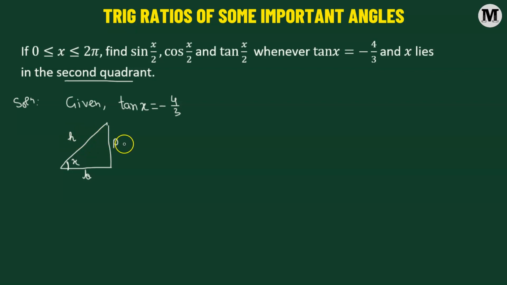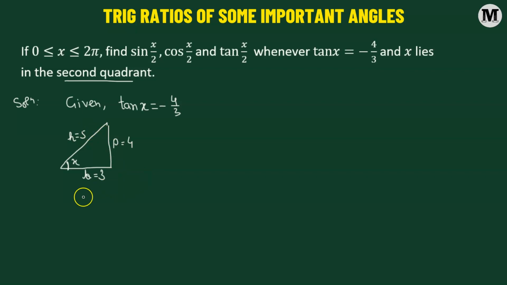Tangent of x is defined as the perpendicular over base. So we can consider the perpendicular to be 4 and the base to be 3. And when we use the Pythagoras theorem, the hypotenuse comes out to be 5.